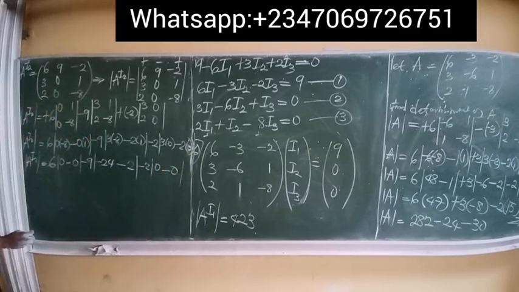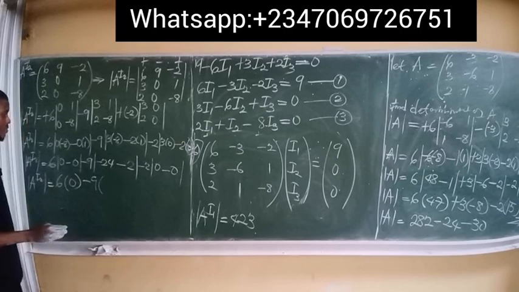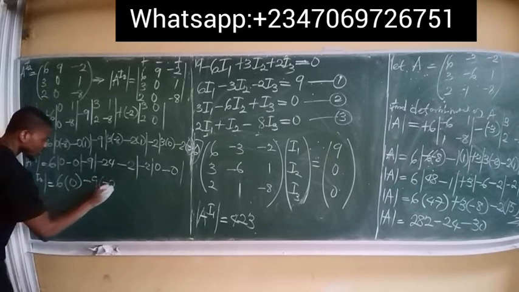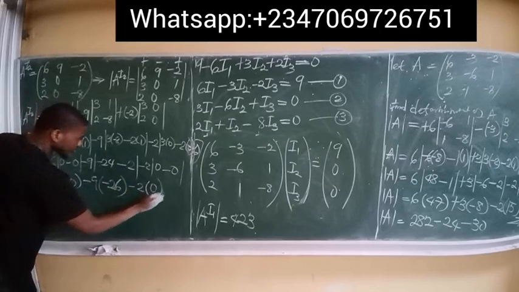So AI2 is now equal to 6 into 0 minus 0 is 0, minus 9 into minus 24 minus 2 is minus 26, minus 2 into 0 minus 0 is 0.